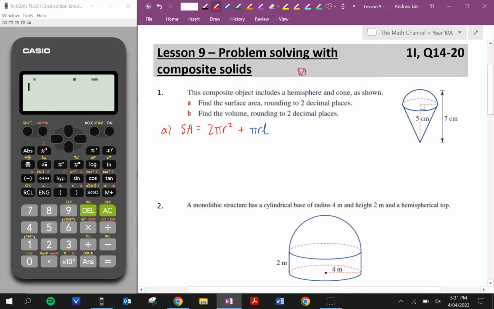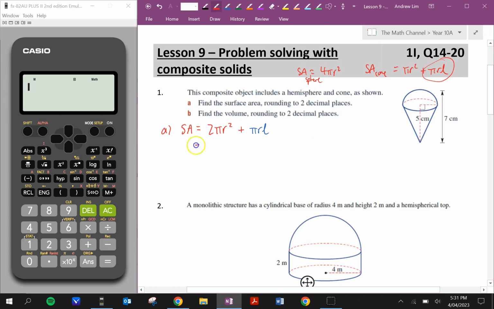Surface area of a sphere is 4 pi r squared. And the surface area of a cone is pi r squared plus pi rl. Because we only have half a sphere, we just halve that to make it 2 pi r squared, and because we only have the curved surface of the cone, we only need the pi rl.